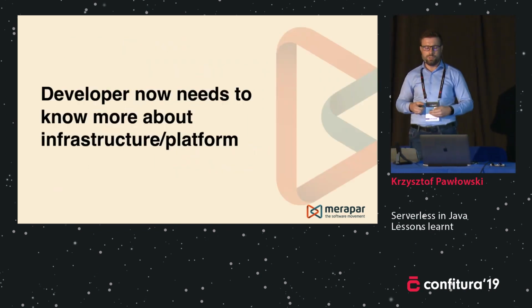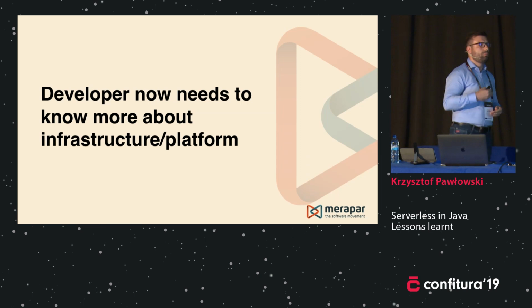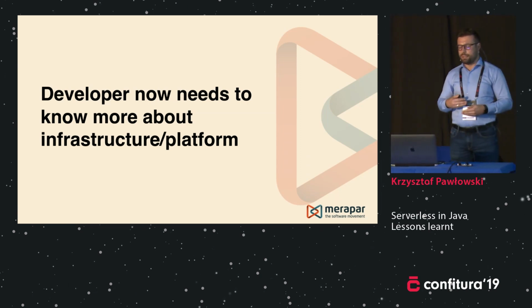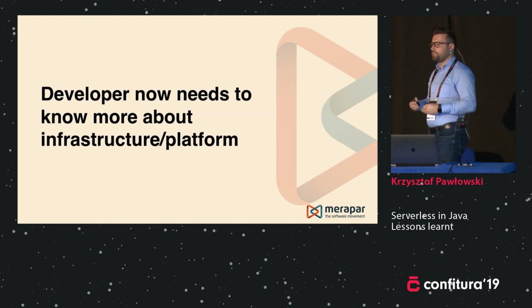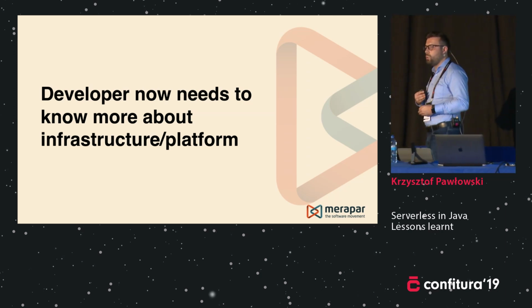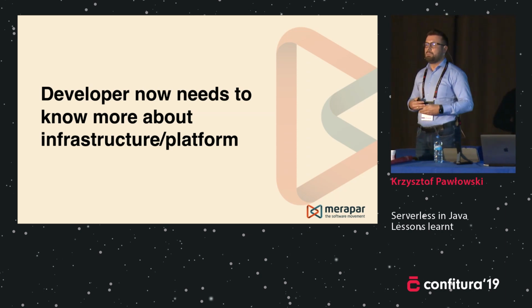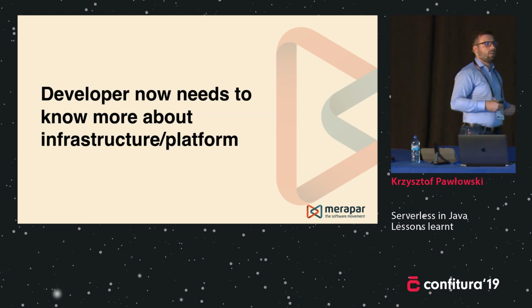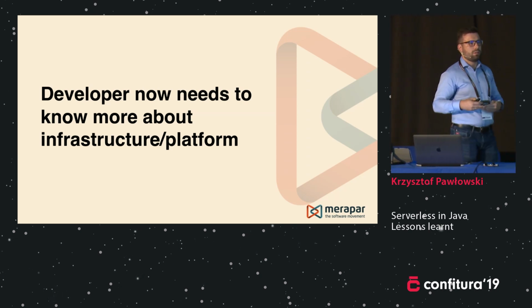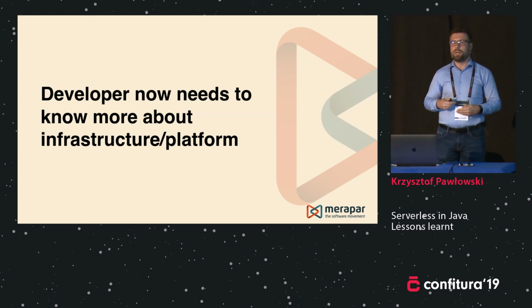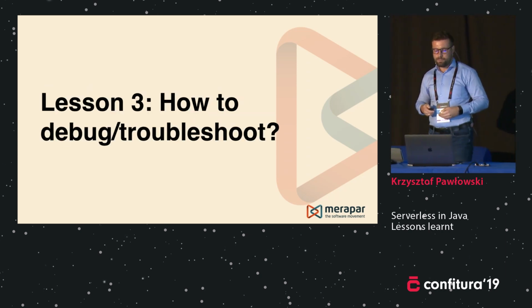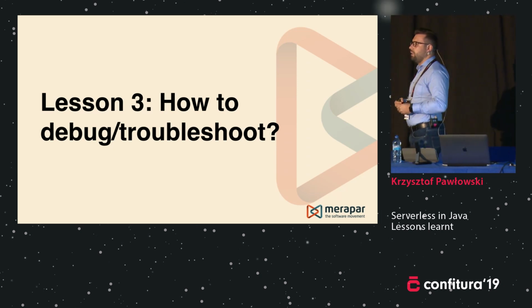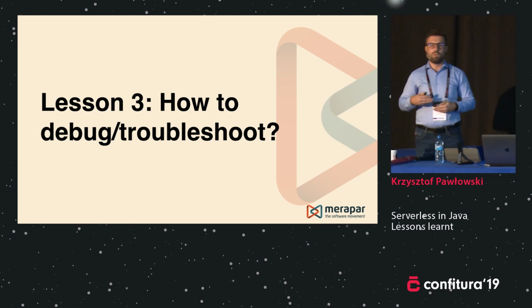So this is something that we need to keep in mind, that now, when we are moving to the serverless world, we need to take care as developers also about the infrastructure, about the platform. We need to have knowledge about the platform. So it's easier then to deploy because we have everything running in a production-like environment, but the initial development might be a little bit harder.